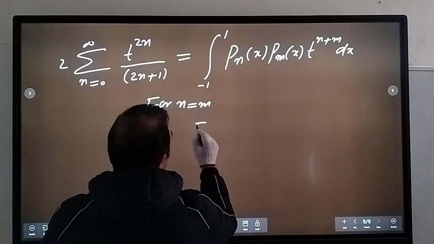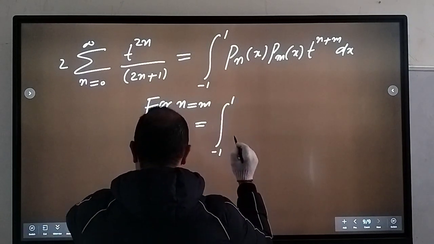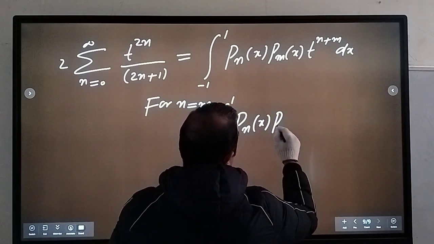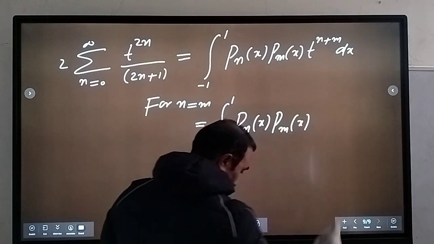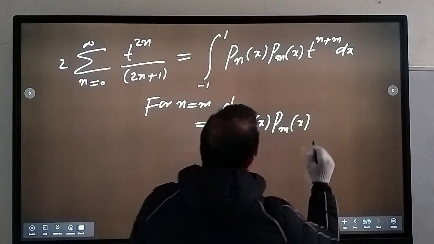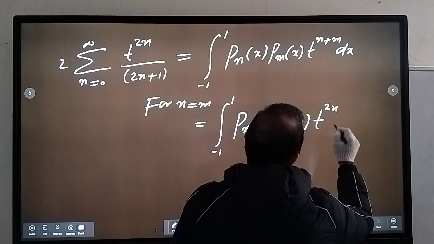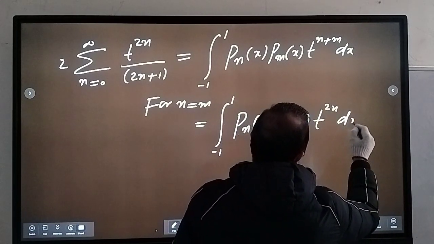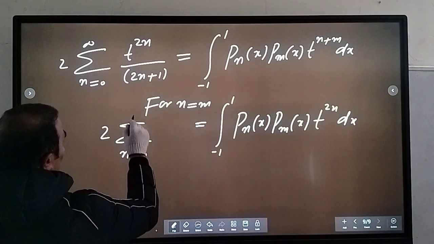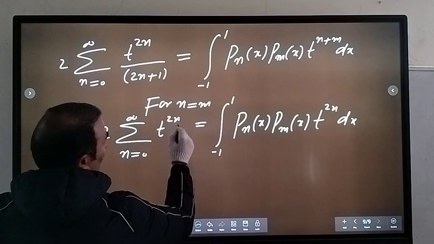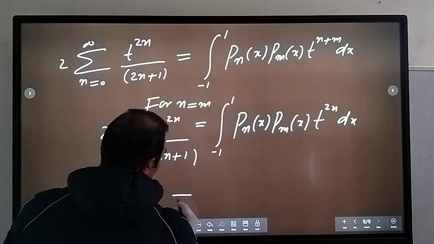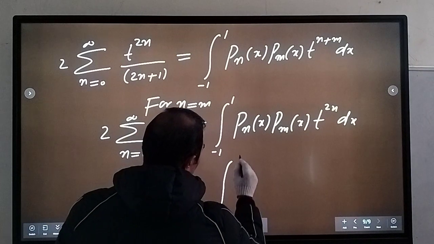This will be equal to twice summation, and I can write this as integral from minus 1 to plus 1.